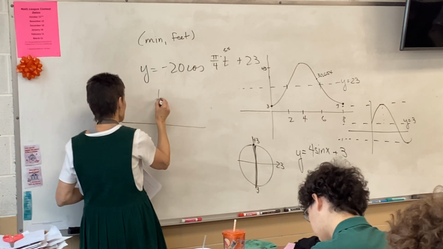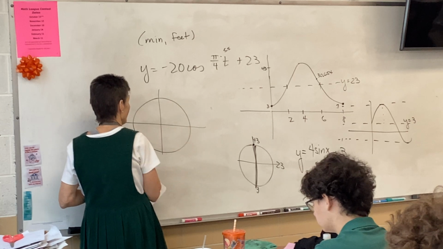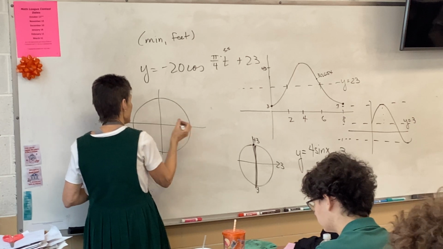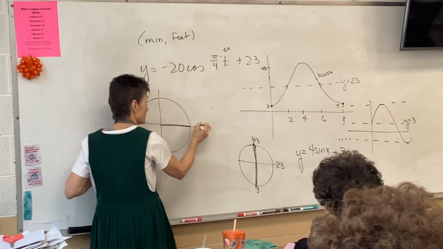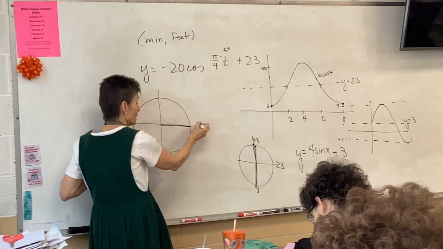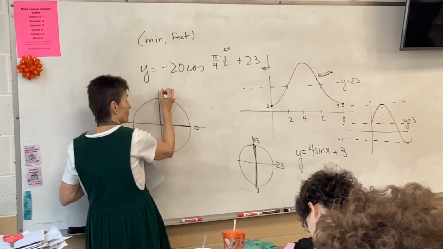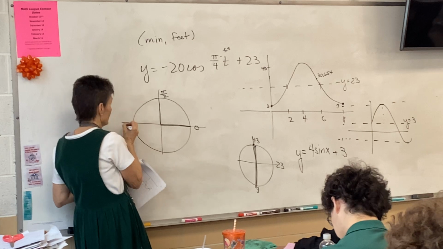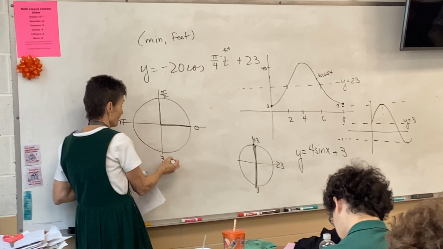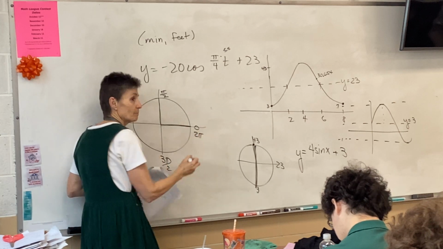What do we know about this angle right here? That angle is 0. What's this angle? Pi over 2, because this is pi, 3 pi over 2 and 2 pi.